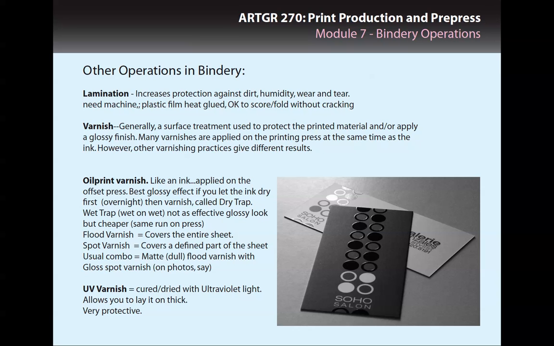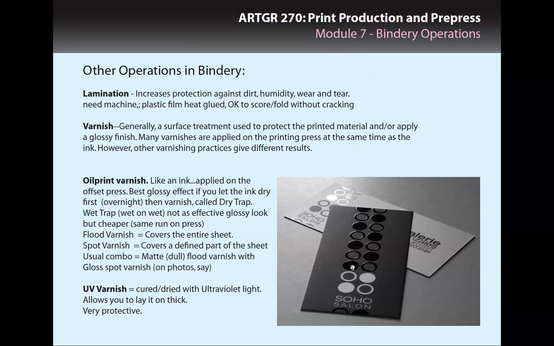For instance, UV varnishes usually go through a separate machine because they need an ultraviolet light to cure the varnish. And this other option here, the oil print varnish, is kind of shown in this image here, to where you would apply the varnish just in certain areas, and you come up with an effect just because of the gloss varnish compared to the dull background.